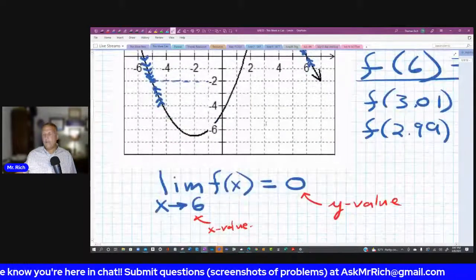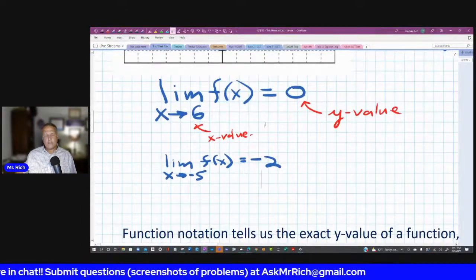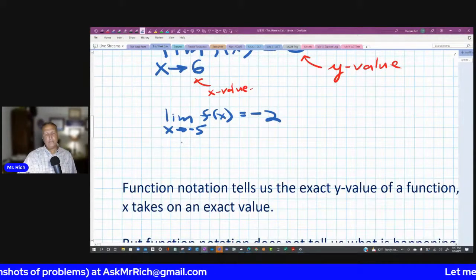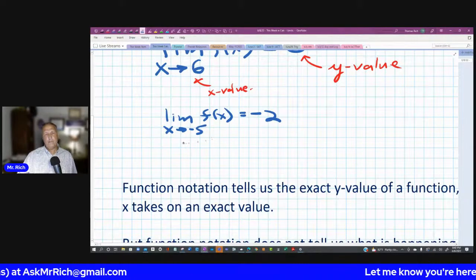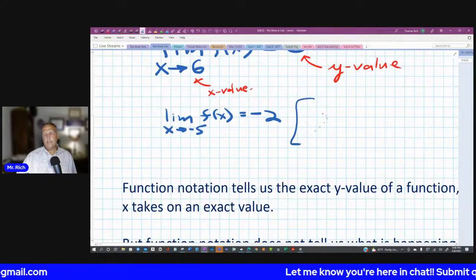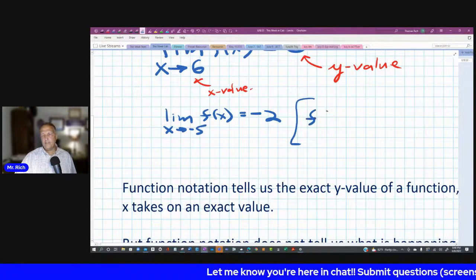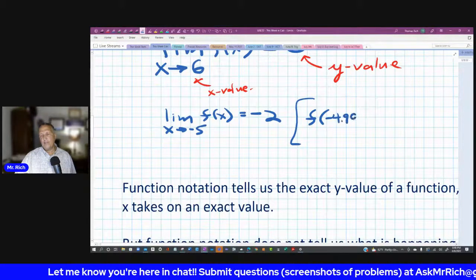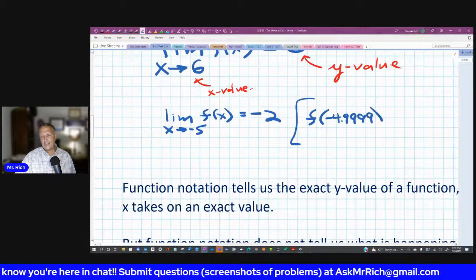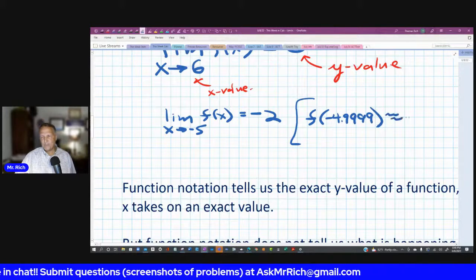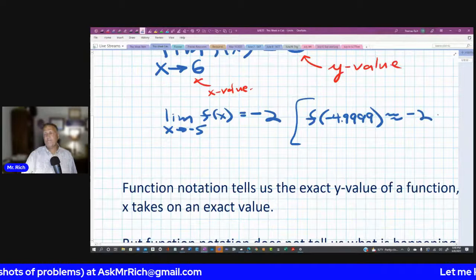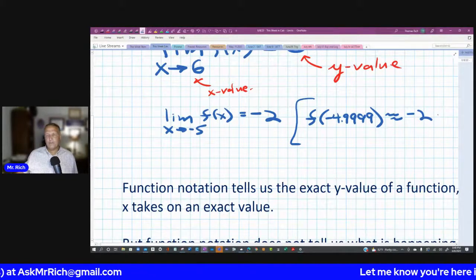All right. Now, that's also kind of similar to saying this. We could say that what this is really telling us is that f of negative 4.9999 is approximately negative 2. Okay, it's getting very close, closer and closer.